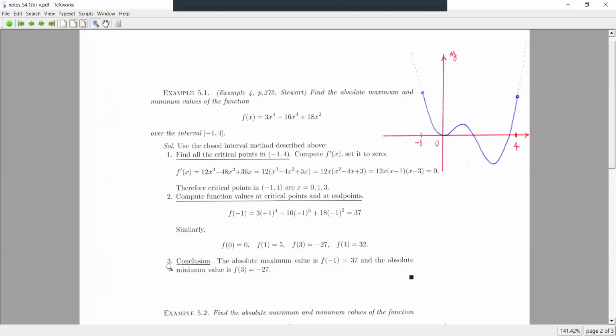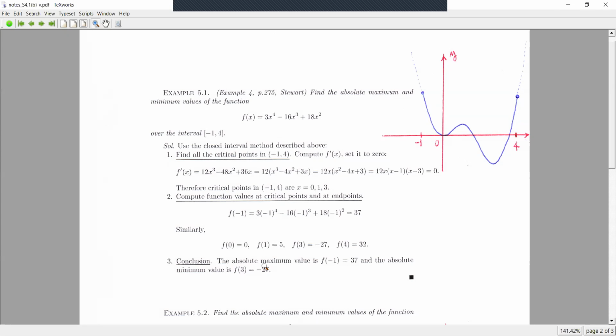Now, step number 3 of the closed interval method. The largest function value in step 2: 37, 0, 5, -27, 32. The largest is 37. So this is the maximum function value of the function over this interval.